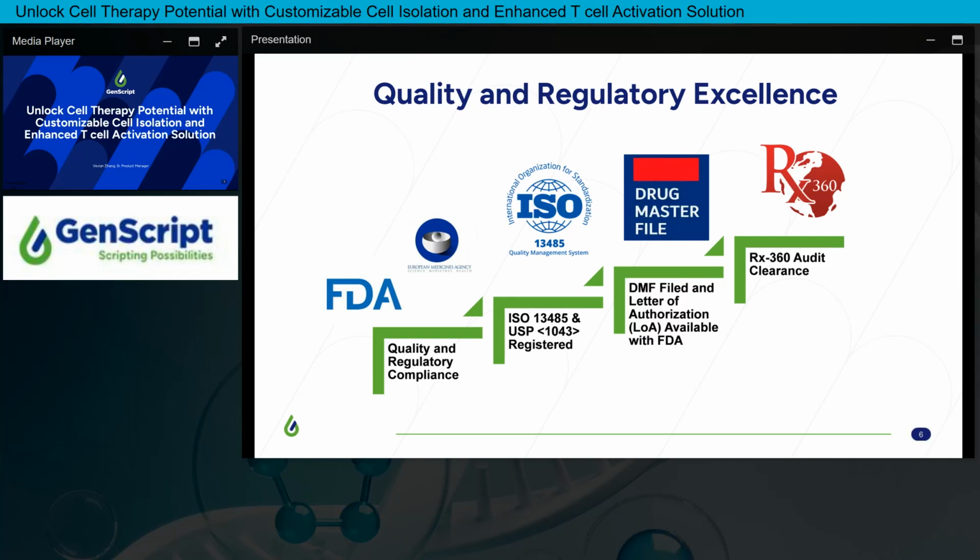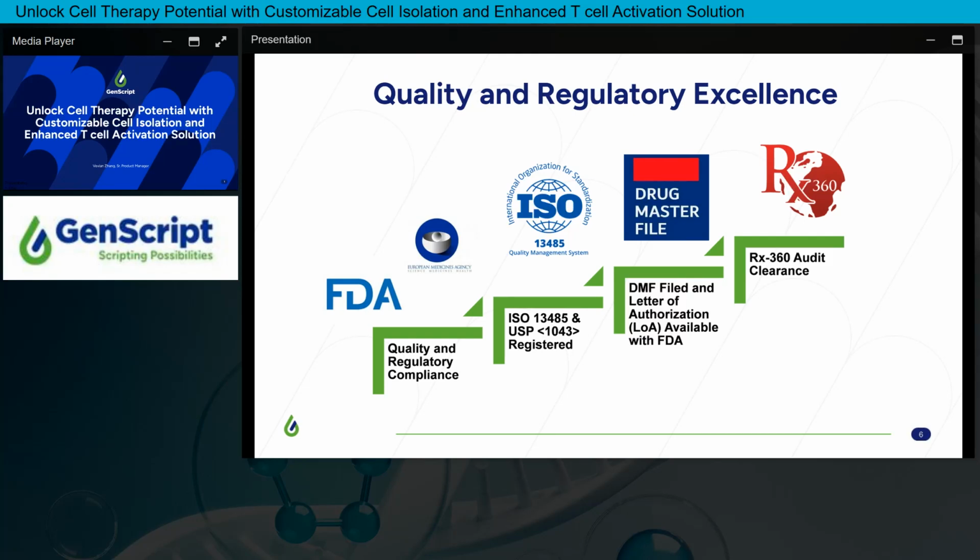It also received and is active for DMF with FDA by successfully supporting clinical trials and IND applications in the US.